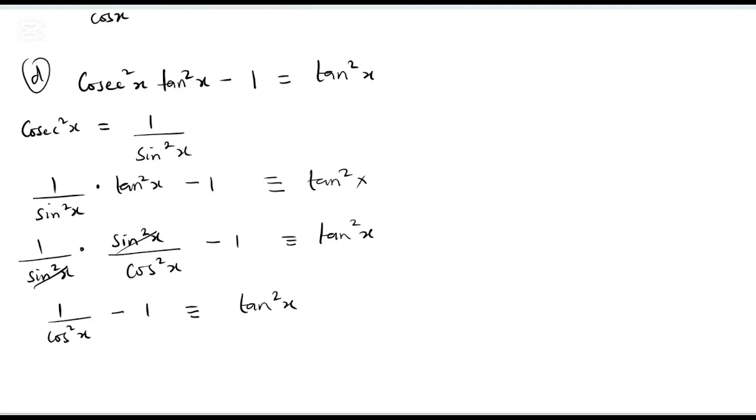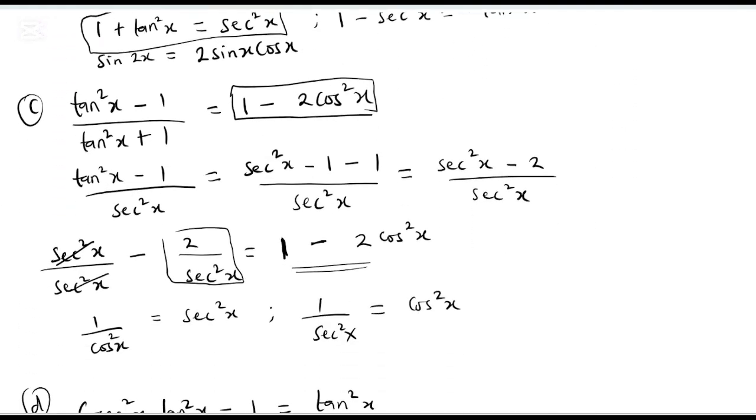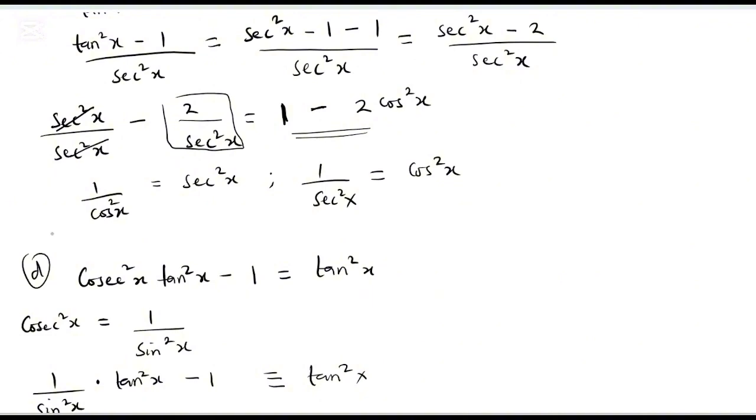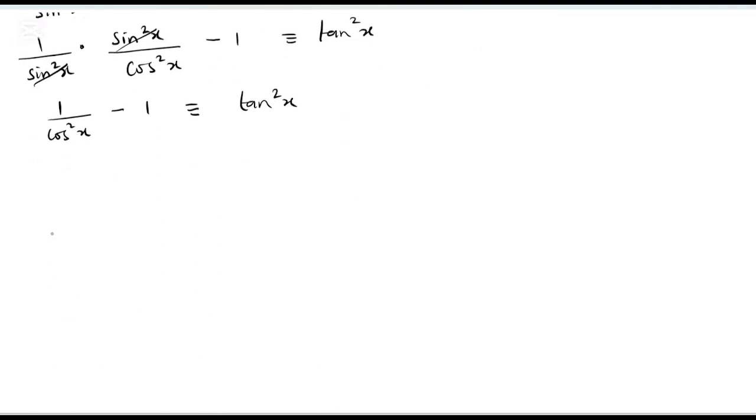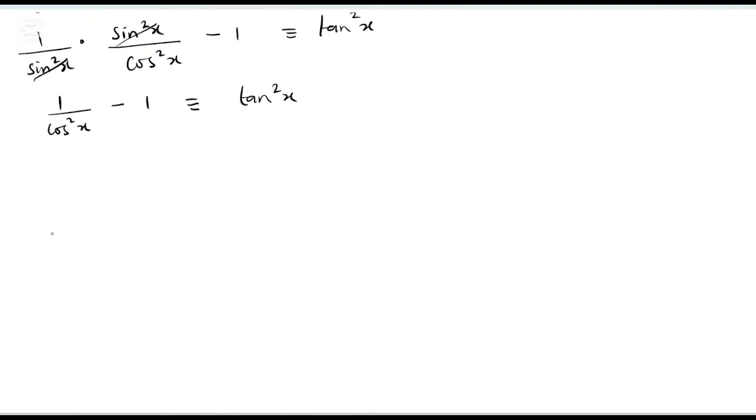Then don't forget, I said earlier that 1 over cos squared x is the same thing as sec squared x. So we have sec squared x minus 1. It should be equal to tan squared x.